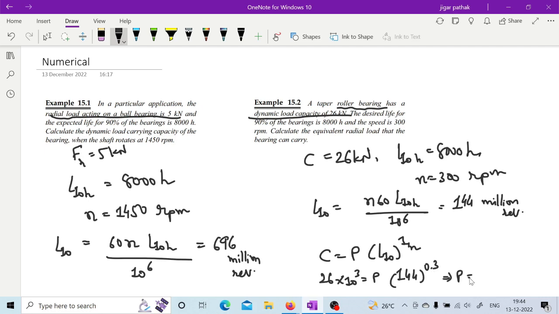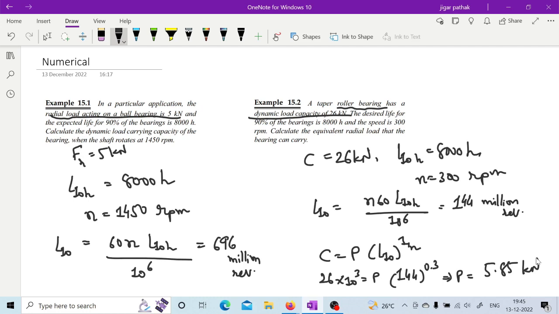This will give you P. So what is P? It is 26,000 divided by 144 raised to 0.3, which is around 5.85 kilonewton.